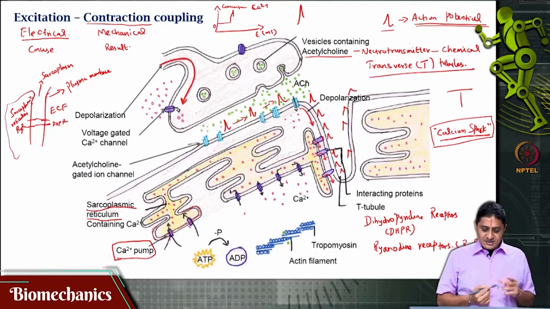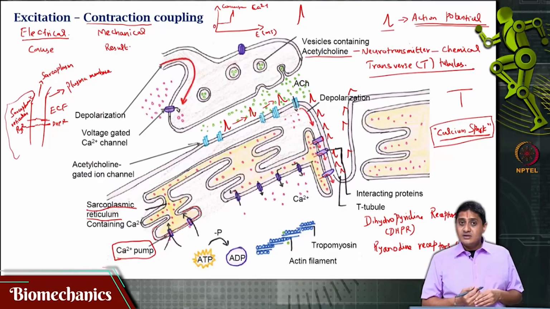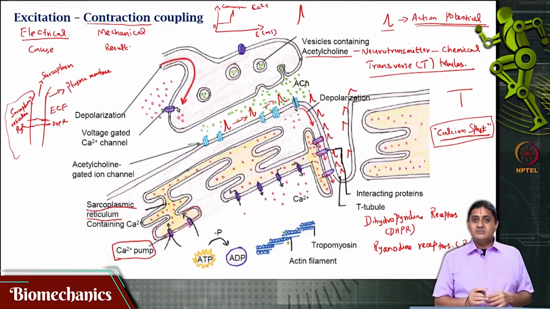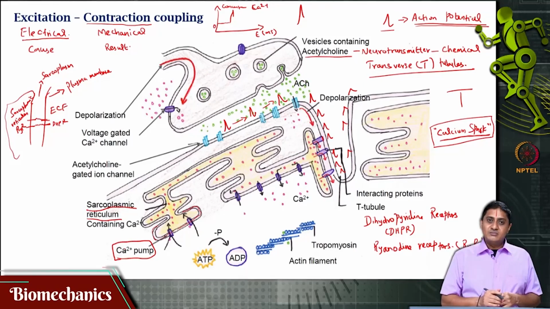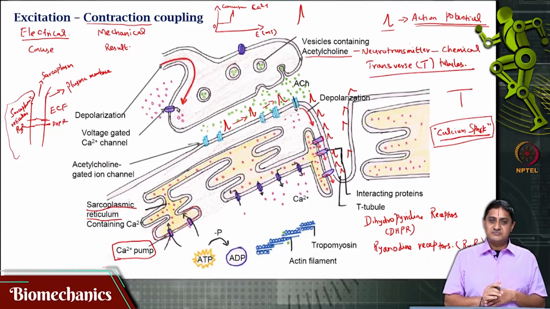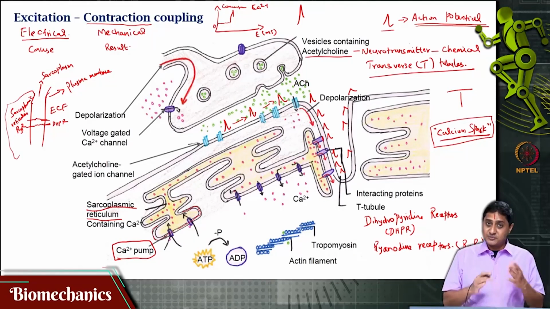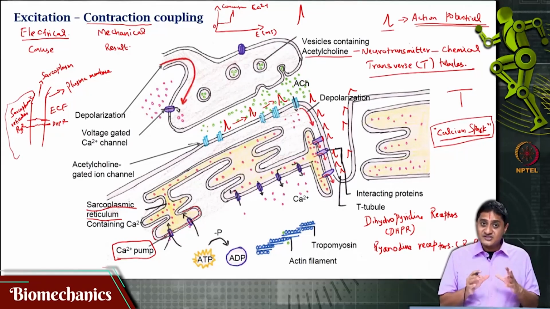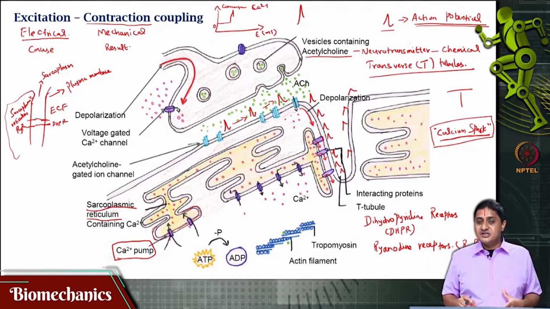Similarly, suppose I would like to add calcium to the sarcoplasmic reticulum, which already has a large amount of calcium. This is against the gradient. Suppose there was a channel that allows passage of calcium.